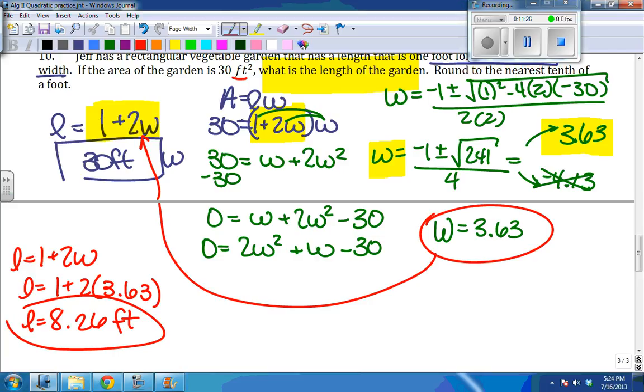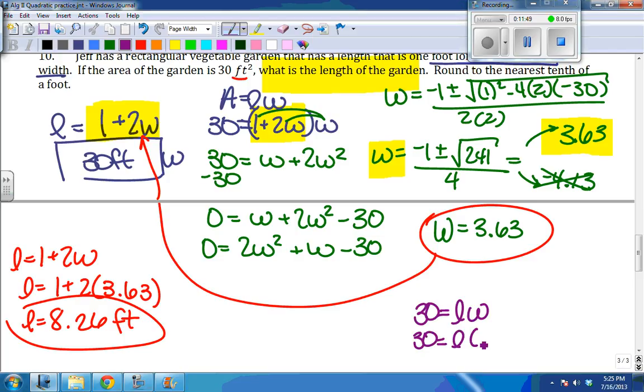So you have to be very careful because they might ask you for the length or they might ask you for the width. It's going to depend on if it's the end of course or if it's the ACT. Another way you can do that is once you have your width, some people prefer to go back to their original formula of 30 equals length times width.